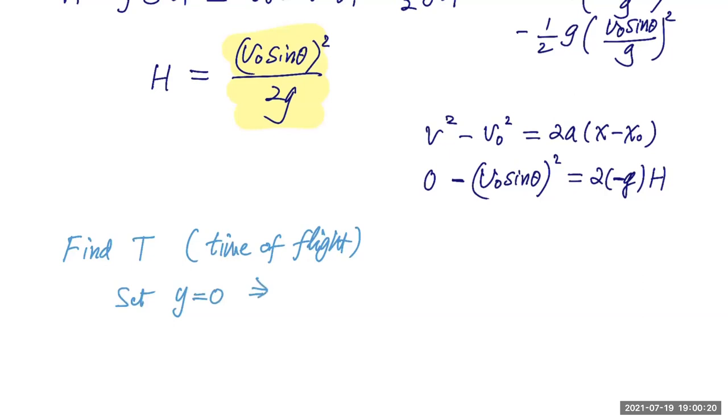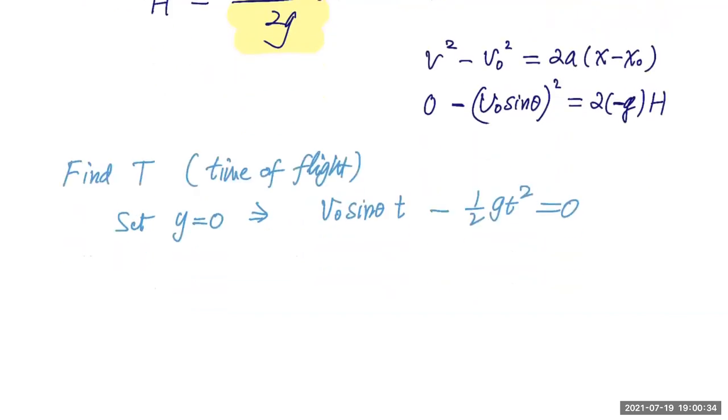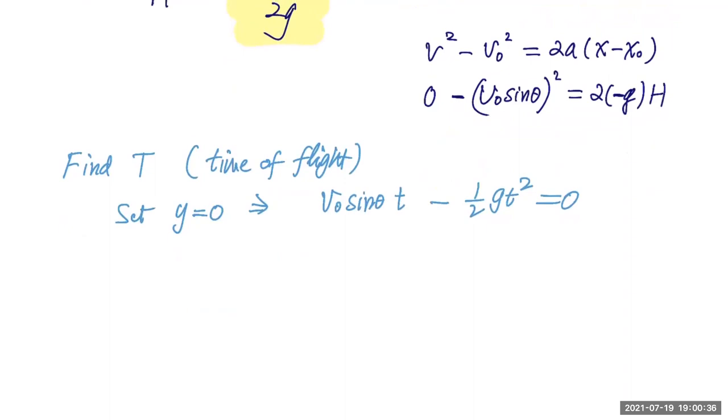Which means that v initial sine theta t minus 1/2 gt squared, I want to set that equal to 0. This is not just any t, okay? It's the total time of flight. Now, you notice that this is a quadratic equation with 2 solutions, t1 and t2. One of the t's is 0, okay?